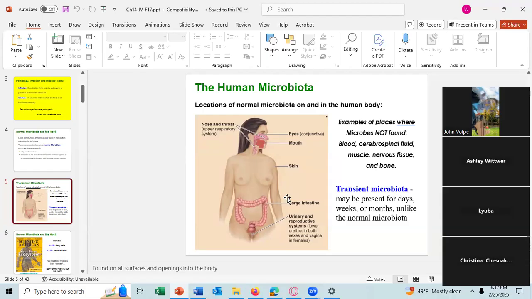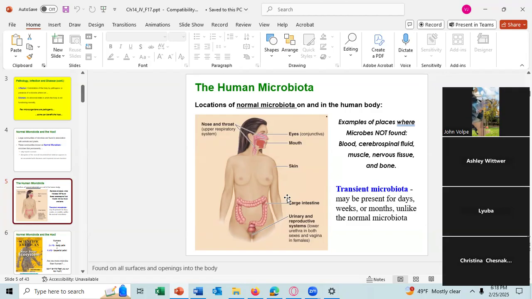Like most of us got E. coli shortly after our birth, or maybe even during our birth, and E. coli became a normal part of our normal microbiota, and we will have E. coli on our skin and elsewhere, generally speaking, for the rest of our life. That's what the normal microbiota is: something that colonizes a person early on in life and then stays with them for most of their life.